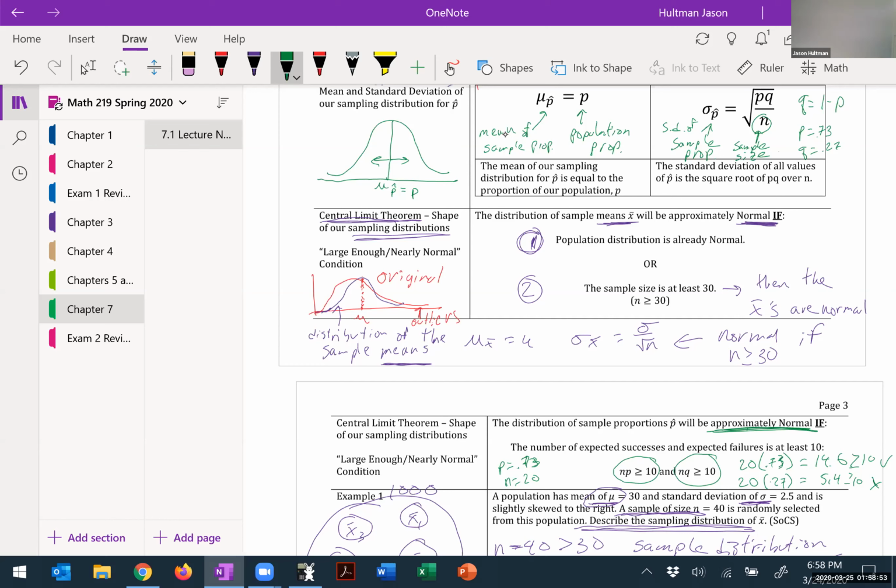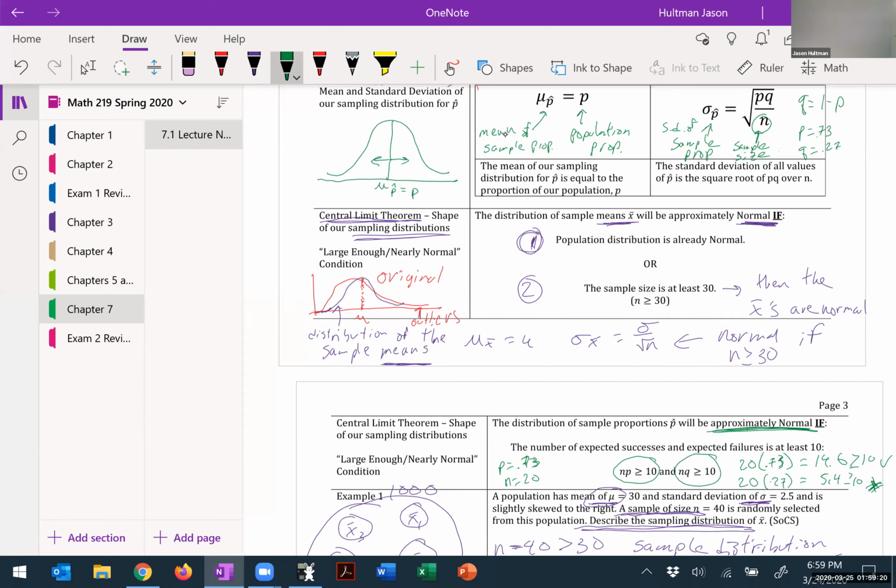No. That one's not either. So 20 isn't even big enough yet. We want to look at whichever one is smaller, because both of them have to be bigger than 10. So we need a pretty large sample size. Even though one qualifies, the other does not.